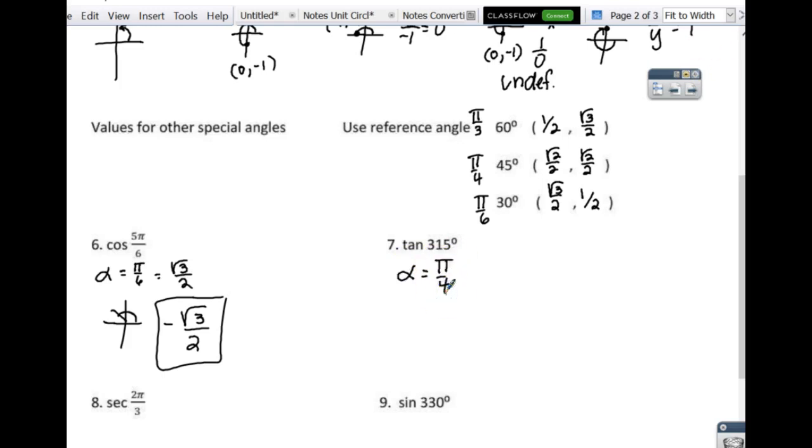I want the tangent of pi over 4. The tangent is sine over cosine. So I'm going to take the square root of 2 over 2 divided by the square root of 2 over 2.